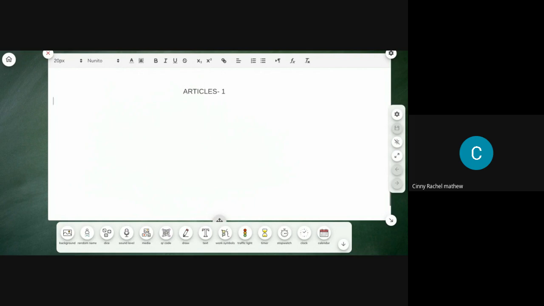Now, I'll be writing out a few sentences on the board, and let's see how these sentences behave and how they are meant to fulfill the function that they are created for, right? So let's move into the first sentence as an example.